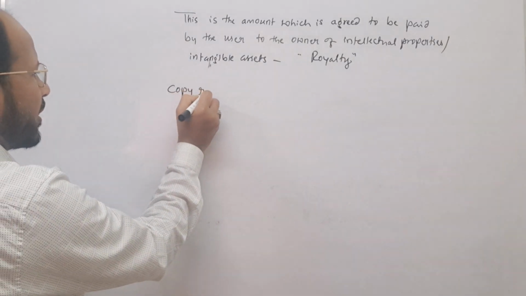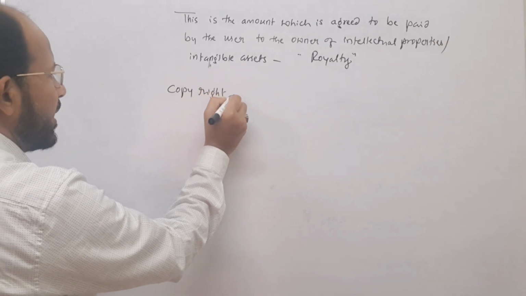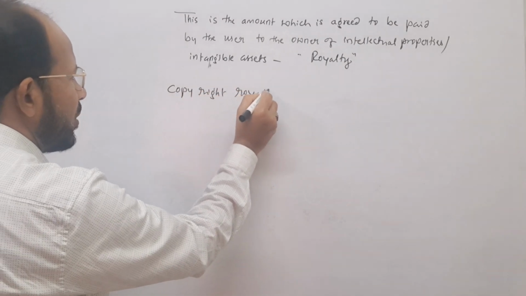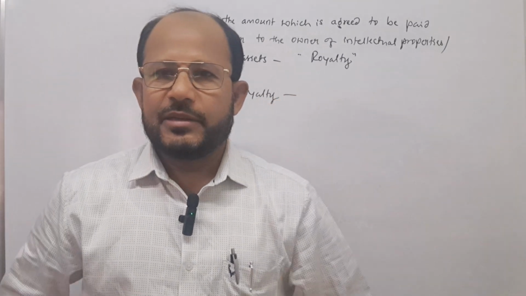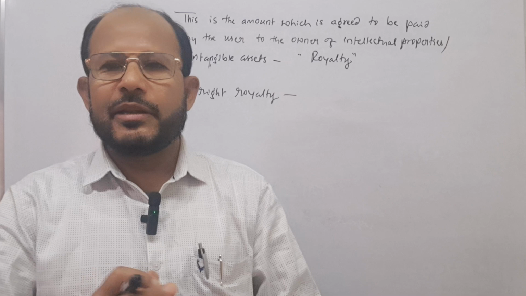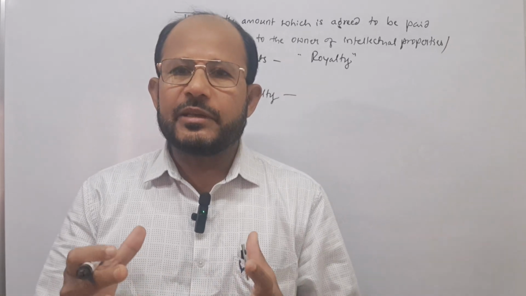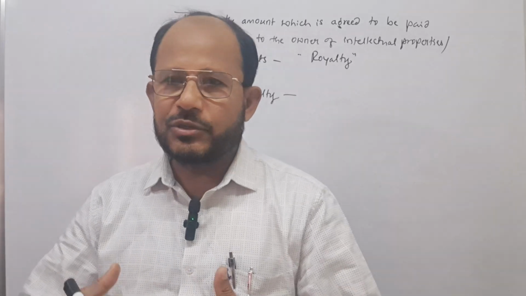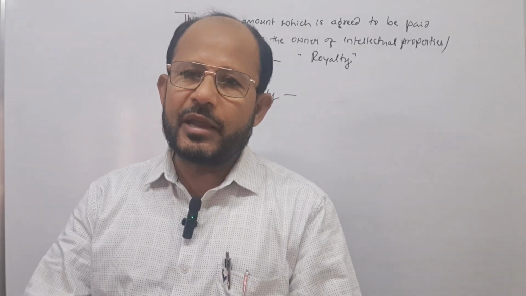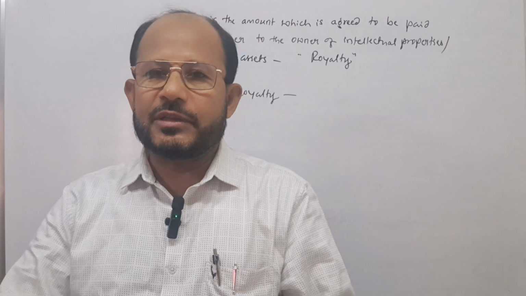One is the copyright royalty. Try to understand. Here, copyright royalty in the sense, assume one author is there, he has written a book. Now he wants to publish that book and sell it. But the printing and selling is not the business of the author.